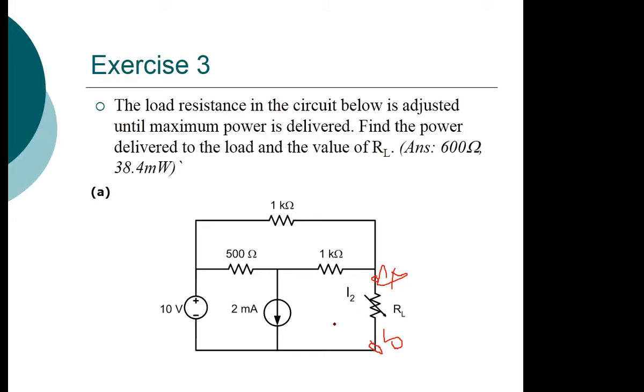As usual, our first point of call is to remove the sources and redraw our circuit without the sources. So we have a 1 kilo ohm, we have 500 ohms, we have 1 kilo ohm, and then we have our terminals A and B like that. Because we have removed the current source there, we've also removed the voltage source there.